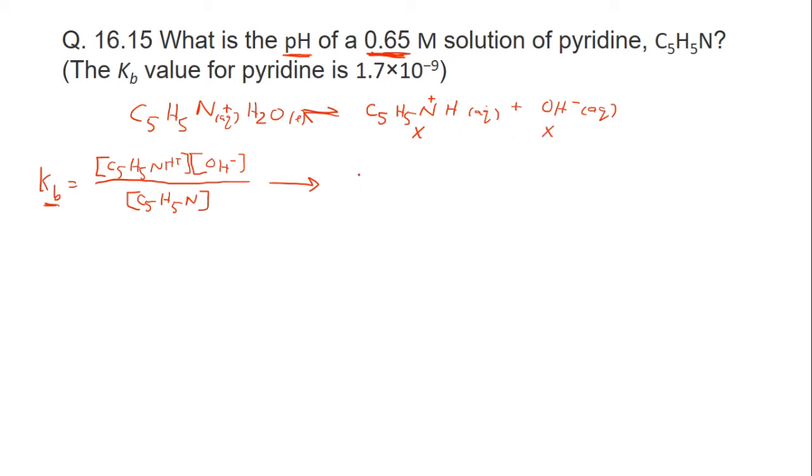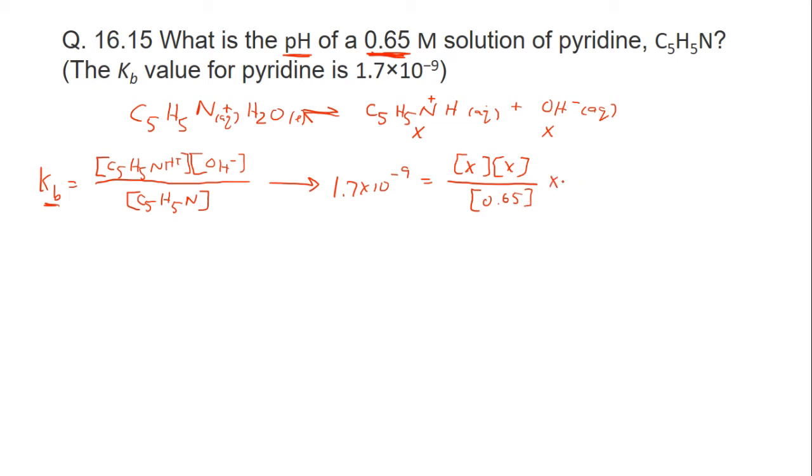Now let's plug in the values that we have for our Kb expression. 1.7 times 10 to the minus 9 equals our concentration of pyridinium, X, times our concentration of hydroxide, X, over our initial concentration of 0.65 molar.